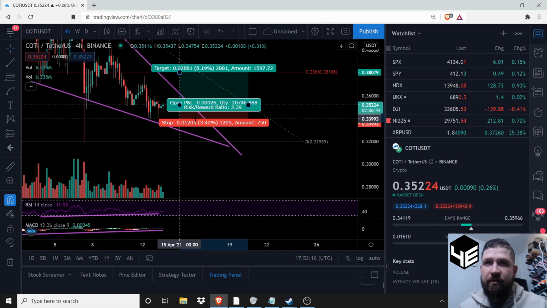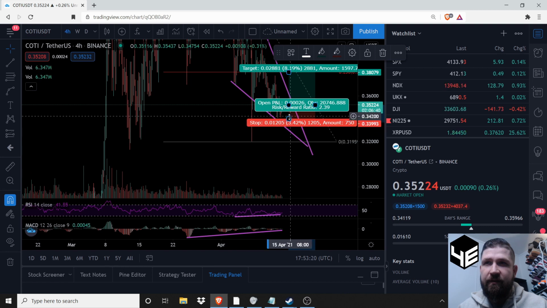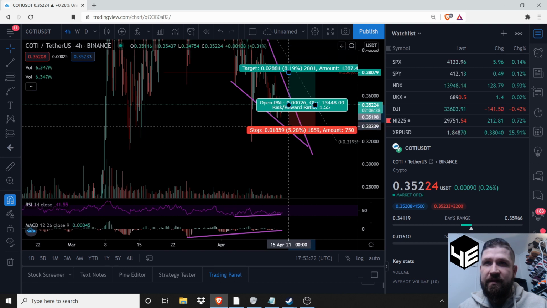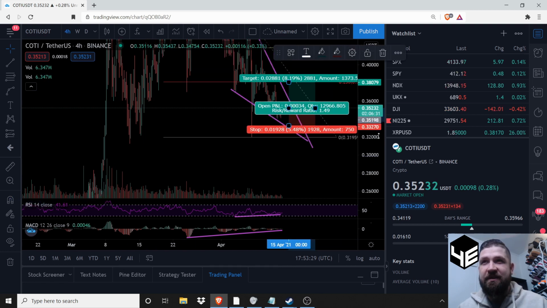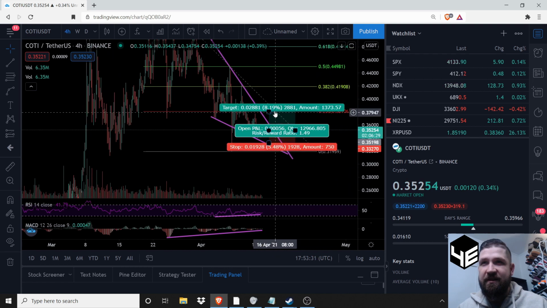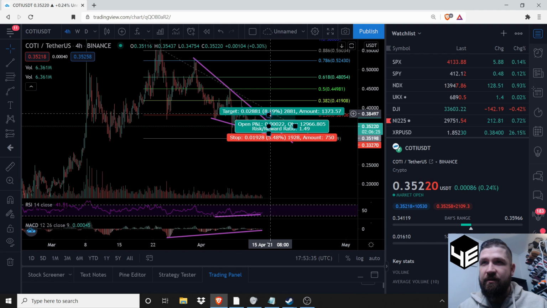You wouldn't really want to fall below here. If we look left, let's say right about here is a good spot for a stop loss. But as I said before, always make up your own mind, make your own decisions, your own stop losses. Don't just copy me, because that's a good way to get wrecked. You got to know what you're doing as well. I'm just showing you the bare basics here.